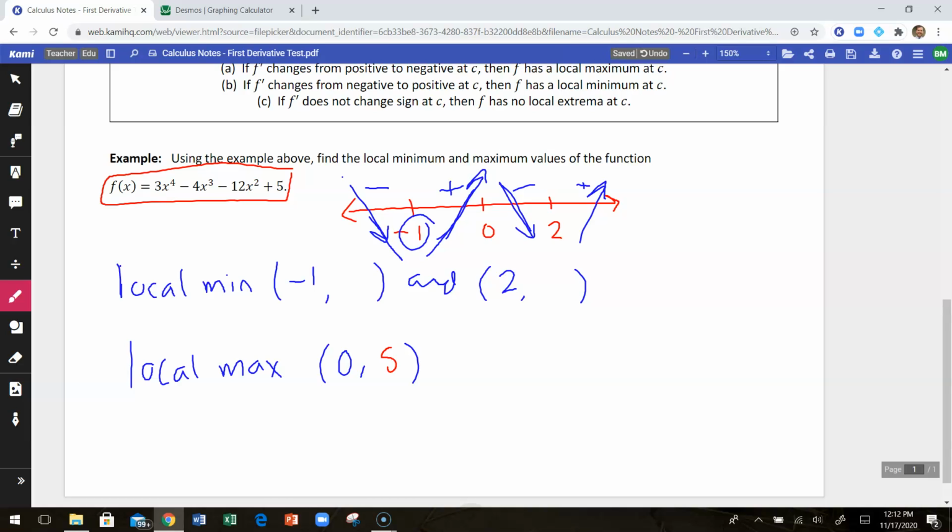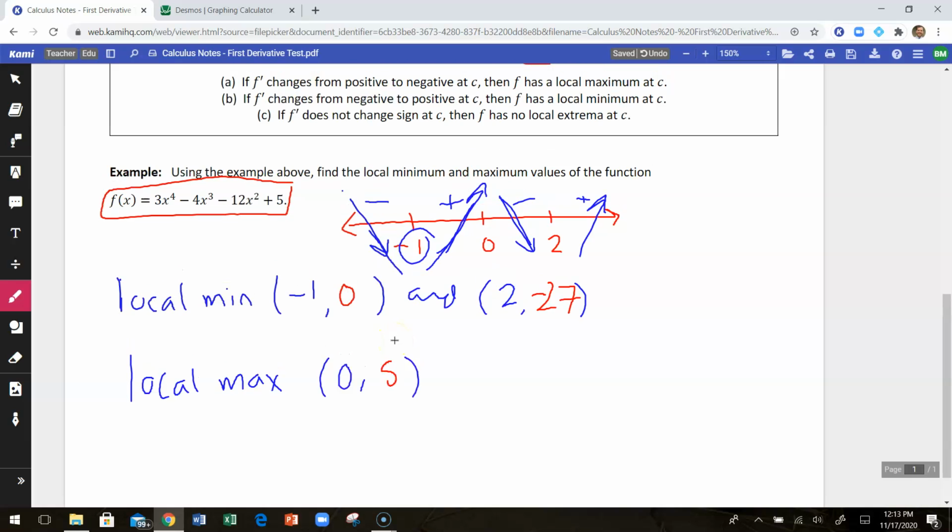If you plug in -1 into this function, you would get 0. And if you plug in 2, you get -27. So there should be local minimums at (-1, 0) and (2, -27), and there's a local maximum at (0, 5).